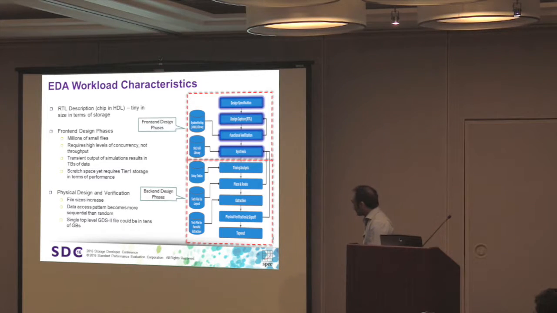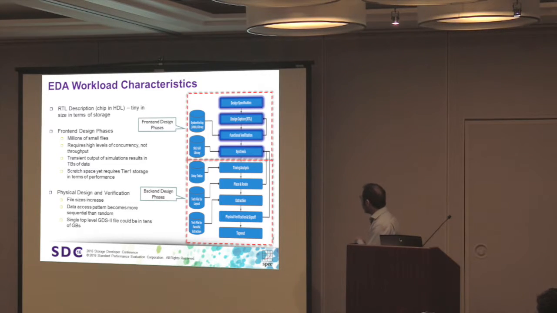Physical design is where, for example, timing analysis happens. An output file for timing analysis could be as large as 26 gig, right? I've seen examples of output files from a specific application called PrimeTime. This application generates large files. And so essentially you have a mix of small and large files.